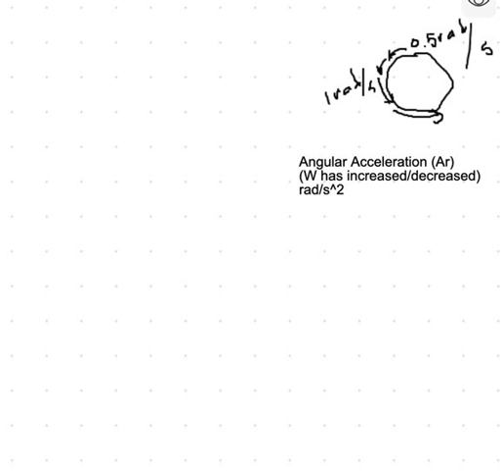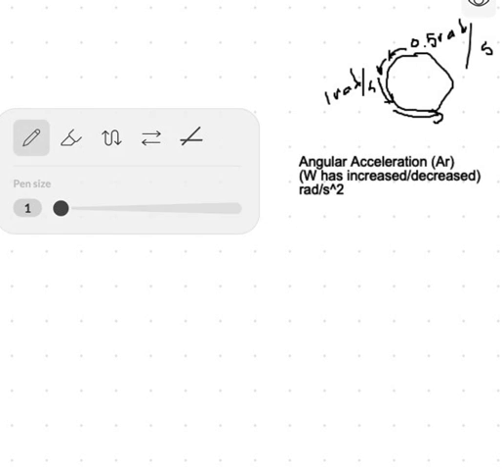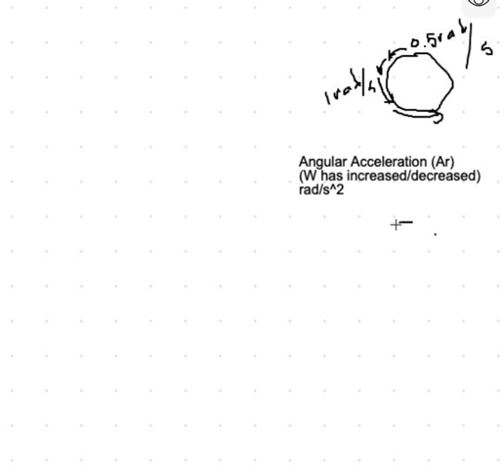Then we can also have a tangential velocity, which is the velocity of the object if it were to be released in a linear direction. This can also change or increase. So let's imagine I am spinning my keys, and I release them.